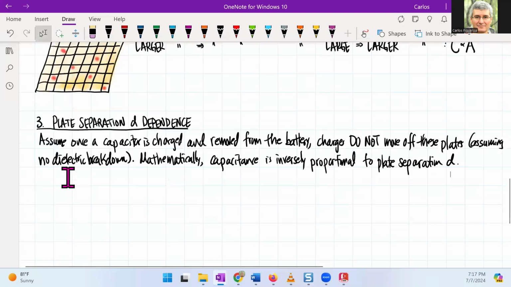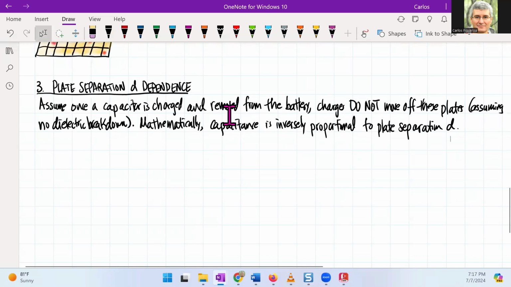So what does that mean? Well, let's set up two capacitors, one that is closely spaced and the other one that's far away spaced. So I'm going to imagine that we have a capacitor like this.